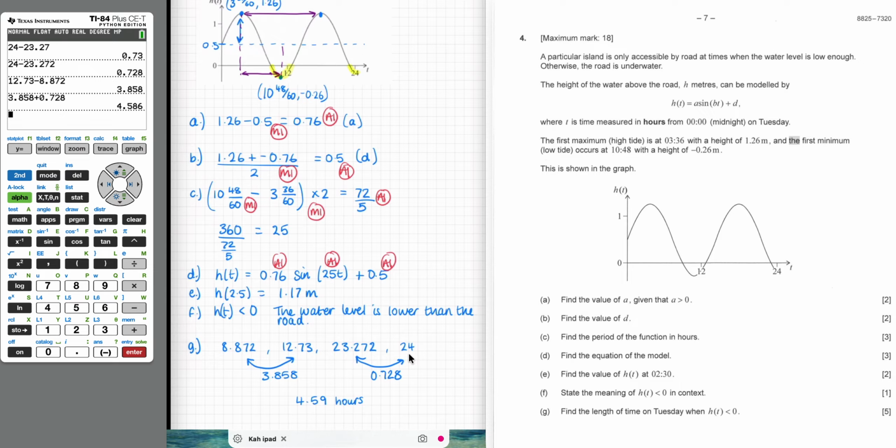And it's for realizing that this was 25, not the 72 over 5. And then part E, that one is 2 marks. So again, 1 for showing some sort of method and 1 for your answer, and that would be enough method shown. Stating the meaning, this is just 1 reasoning mark, so it's reasoning what that means in context.